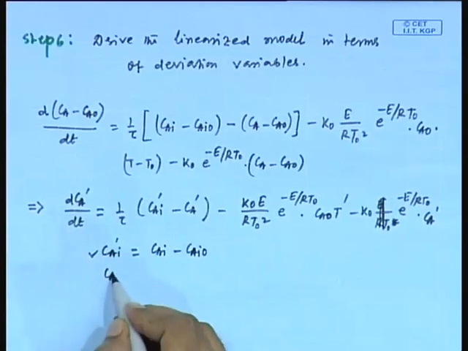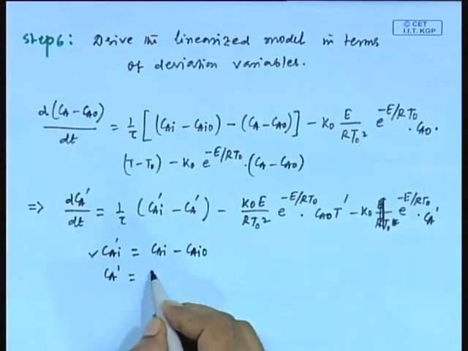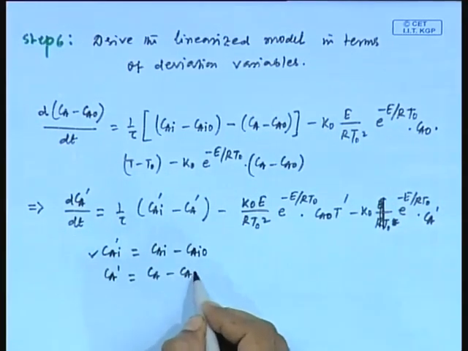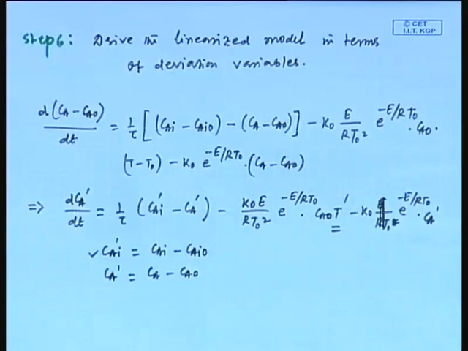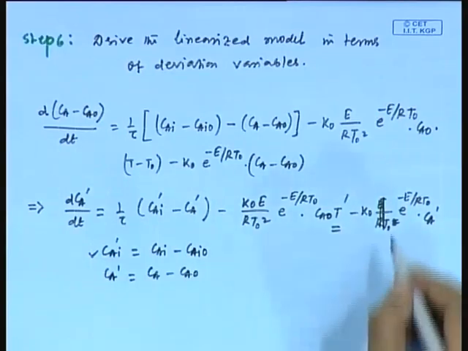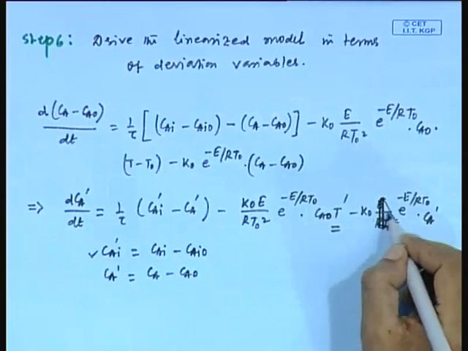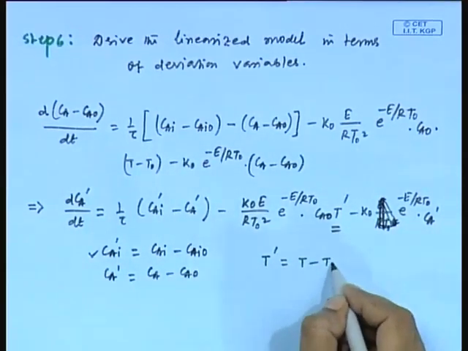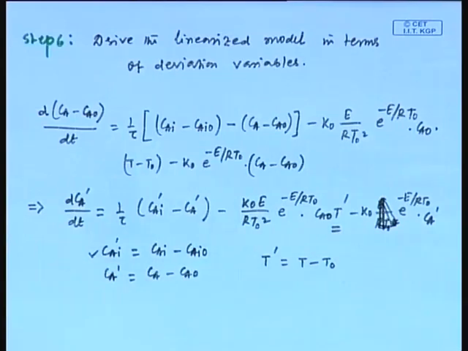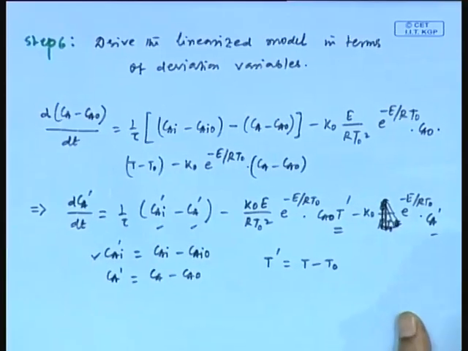Another one is C A prime, that is C A minus C A naught. Another deviation variable is T prime, that is T minus T naught. So, 3 deviation variables we have basically considered.